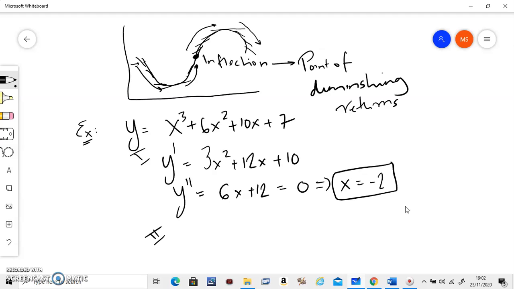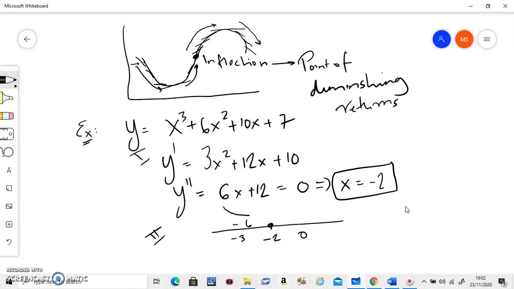And step 2, you do the same thing as before. Draw this on the number line and check if this is really an inflection point. So what you do is pick a point on the left of it, let's pick negative 3, and pick a point on the right of it, 0. And this time you plug it into y double prime, not y prime. If you plug in negative 3, you get negative 6.